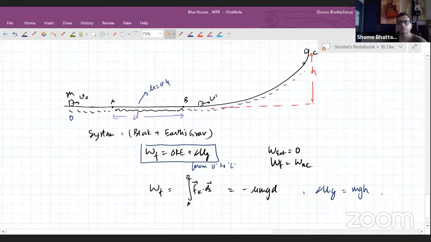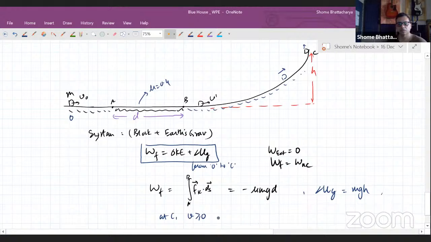Now the condition for it to reach C is that it should not stop anywhere before. It should have velocity all the way up to this point. So the condition is that the speed at C should be greater than or equal to 0.